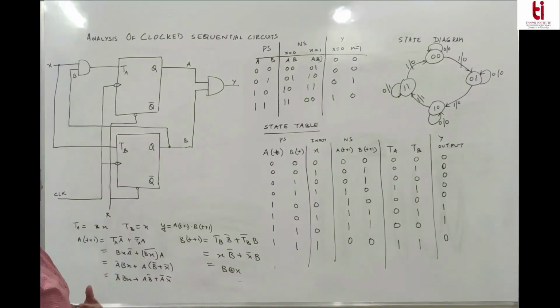Other way around, if you have a clocked sequential circuit, write its equations, analyze the table, write the state table and finally draw the state diagram. So this is all possible. I'll talk to you about how to do state reduction and state assignment for a given state diagram in order to get a reduced circuit.